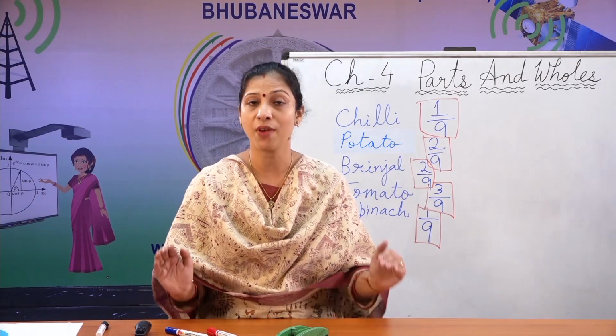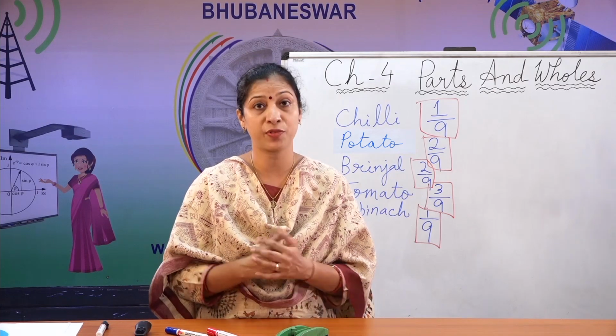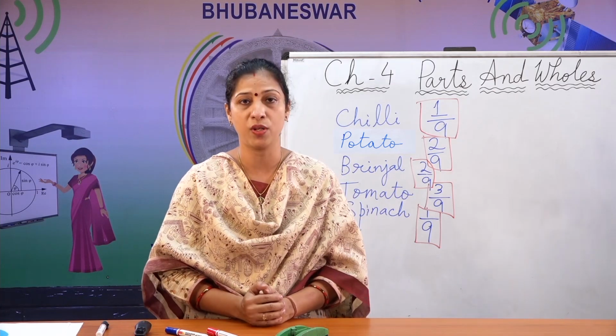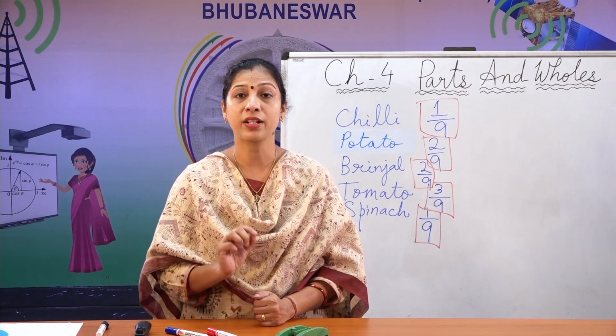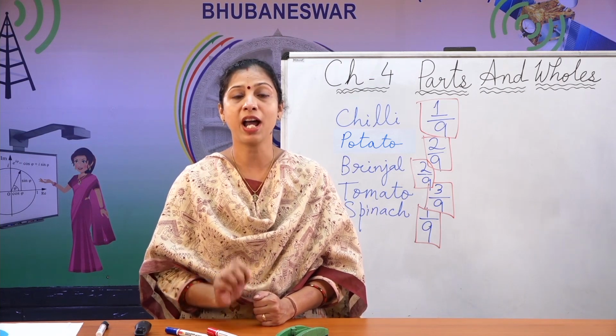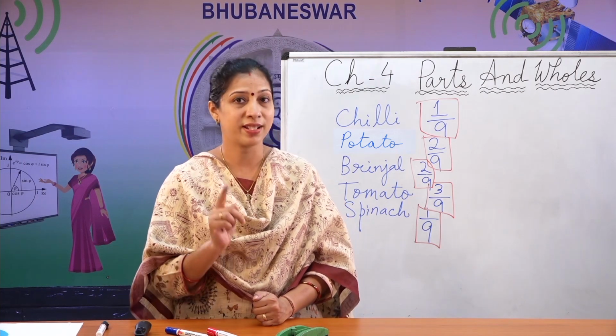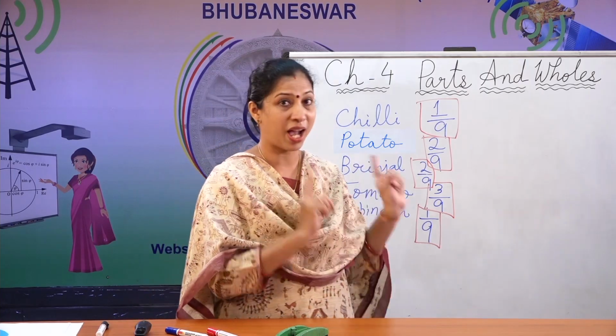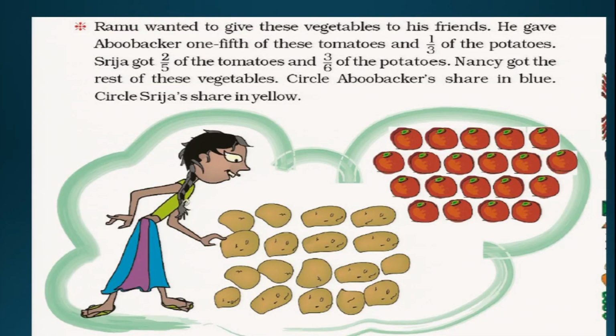Whenever we want to find out the parts, we first have to find out the value of the whole. That means we have to count how many tomatoes are there and how many potatoes are there. So count now. By the time I erase, you just keep on counting. Now did you finish counting?